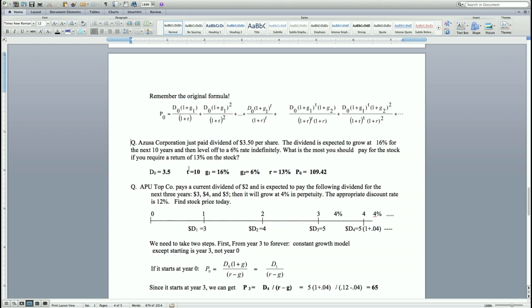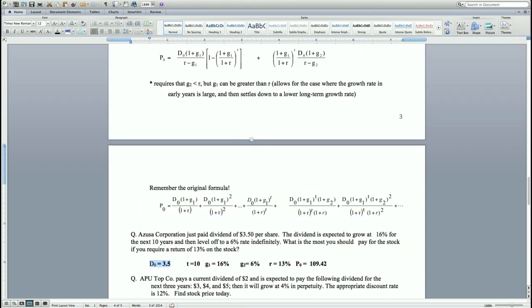So this application: a corporation just paid the dividend. Just paid means what? D0, yes. Now back to the formula, we have D0, and $3.50 per share just paid means current. That's D0. D0 equals $3.50. And the dividend is expected to grow at 16% for 10 years. Here is T, T equals 10 years, the first growth rate G1 equals 16%.